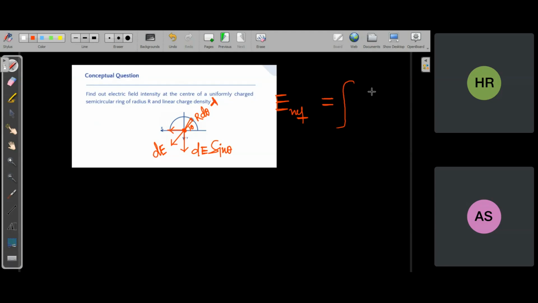So it will be simply integration of dE sine theta, right? And then theta you will vary from 0 to pi. You can do it, right? Yes, sir. So if you understood, we can go to the next. Now you will just substitute the dE value and integrate. That's it.